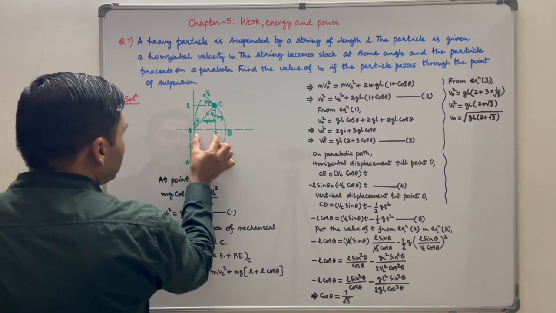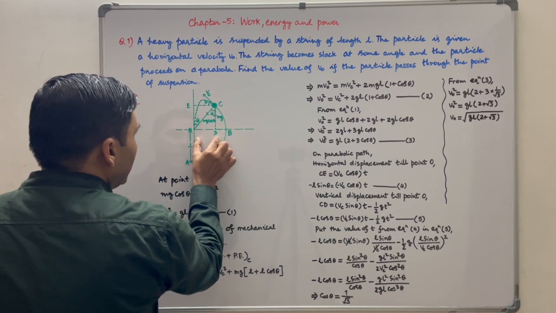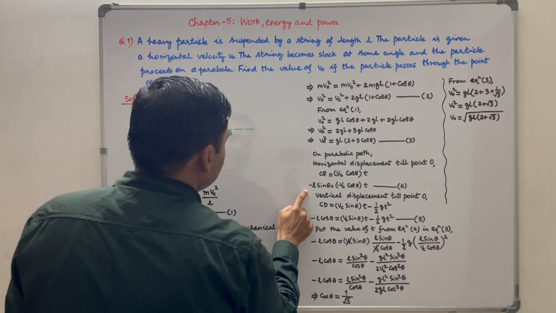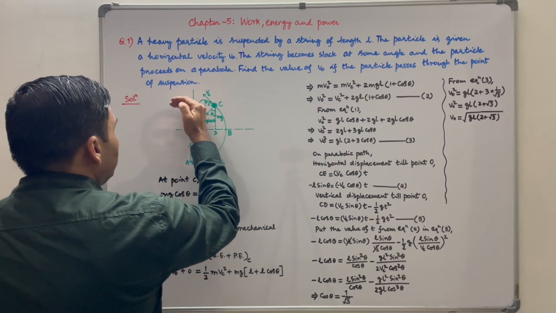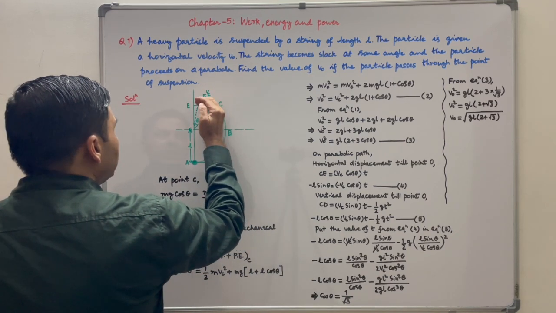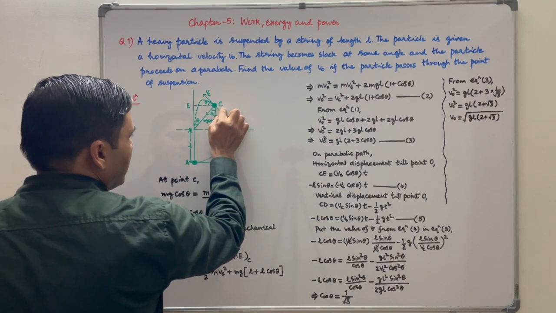So horizontal displacement OD from this right angle triangle will be minus L sin theta, and the velocity component also will be negative, that is vc cos theta, the horizontal component of velocity at C.